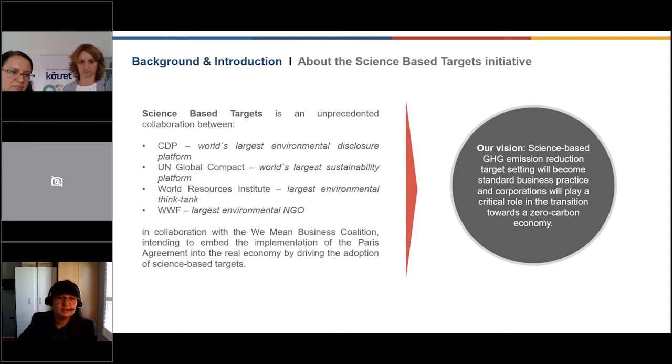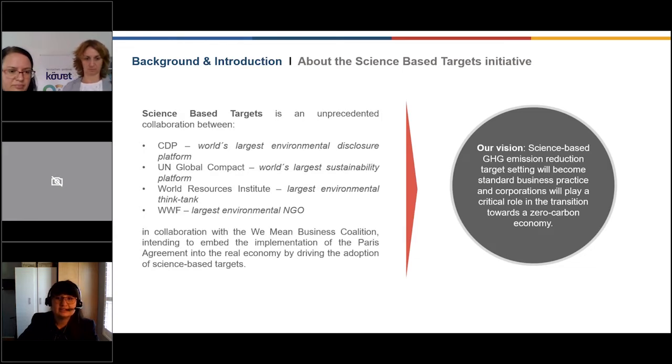So the Science-Based Targets Initiative is an unprecedented collaboration between four leading global NGOs: WWF, where I'm based, CDP, United Nations Global Compact, and the World Resources Institute. We're also in collaboration with We Mean Business Coalition, and we focus on implementing the Paris Agreement objectives for the relevancy of corporates.